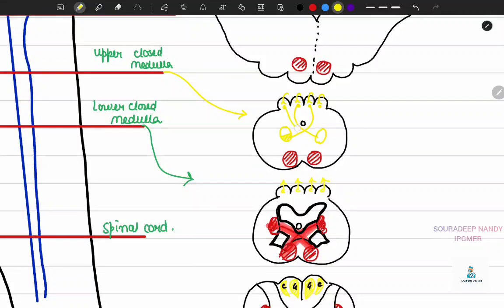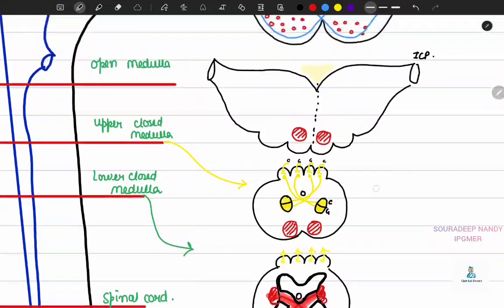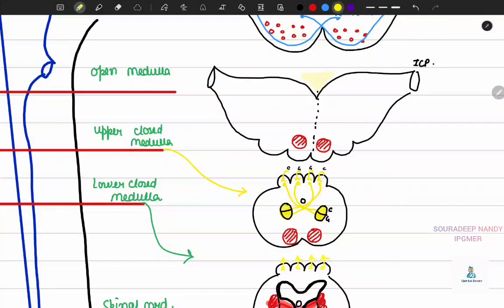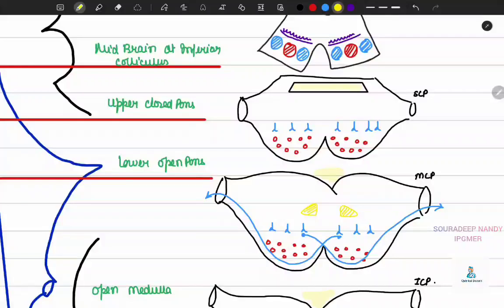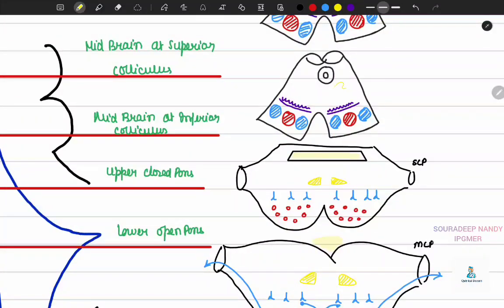And the cuneus, they are posteriorly. Now this gracilis, this is the medial lemniscus tract, again ascends up, comes into the open medulla, then it comes into the lower open pons, then it comes into the upper closed pons, then it occupies the medial portion.